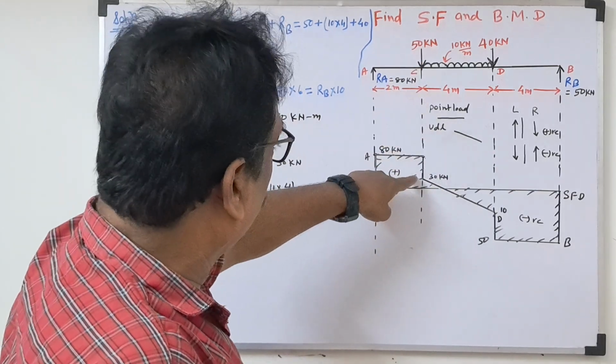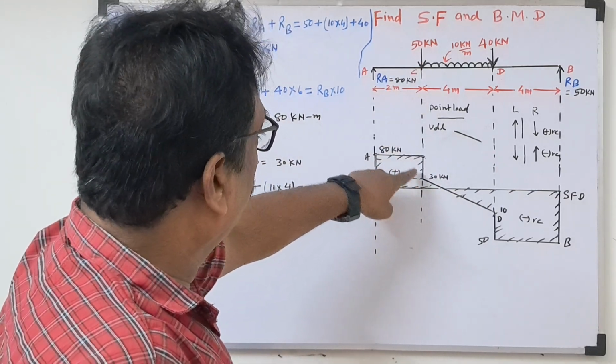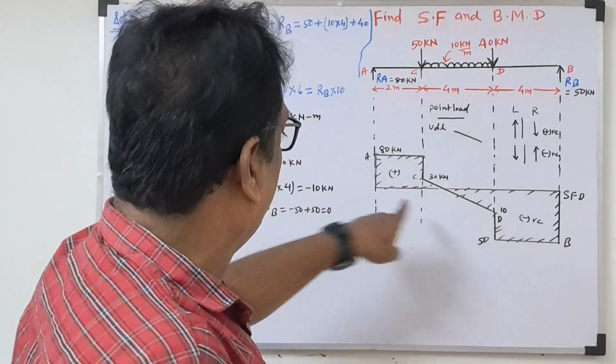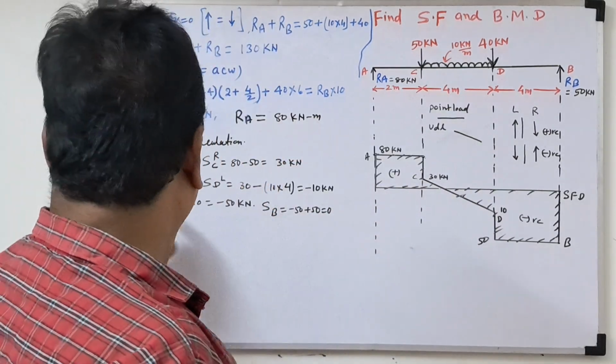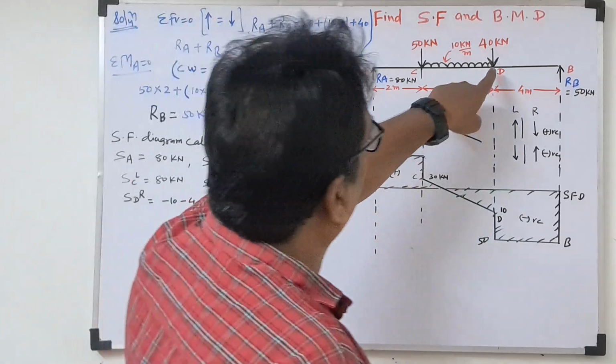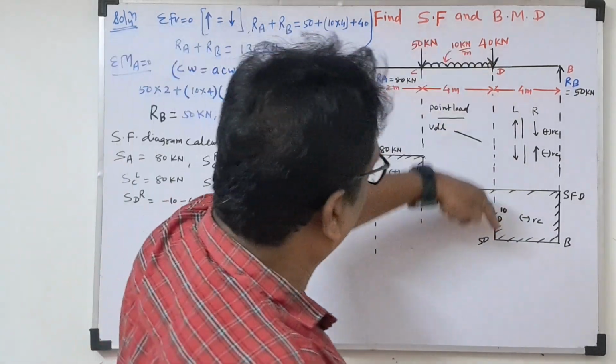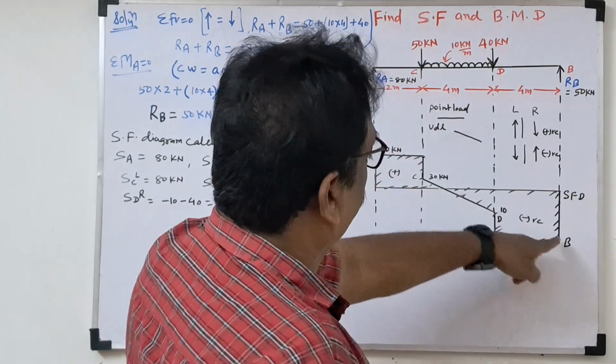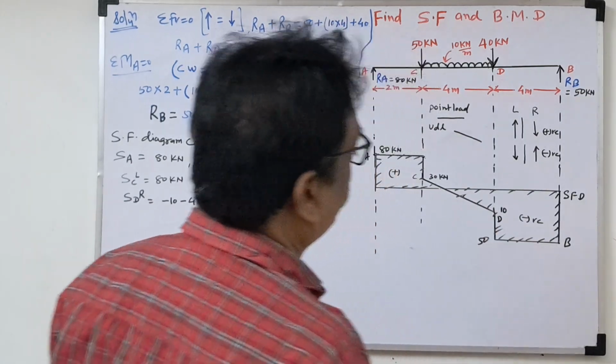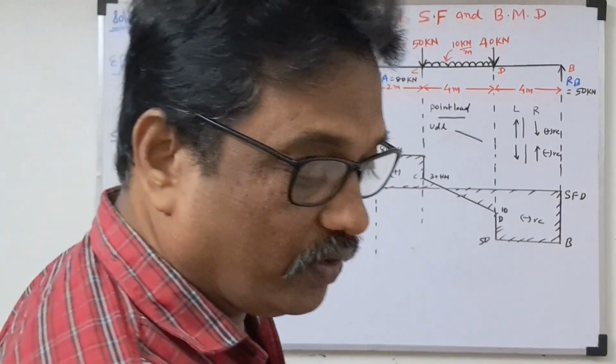Then again a point load, the 30. Again SDL, SDR. SDL means the point load will not come under this, just before this point. For SDR, this point load is coming here. So 10 and 50. This way we can calculate the shear force diagram.